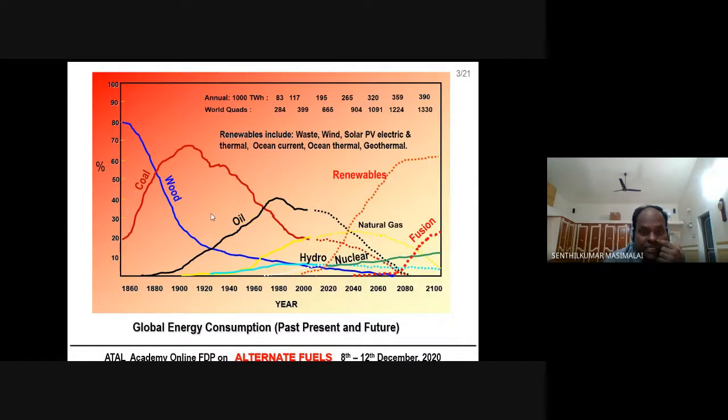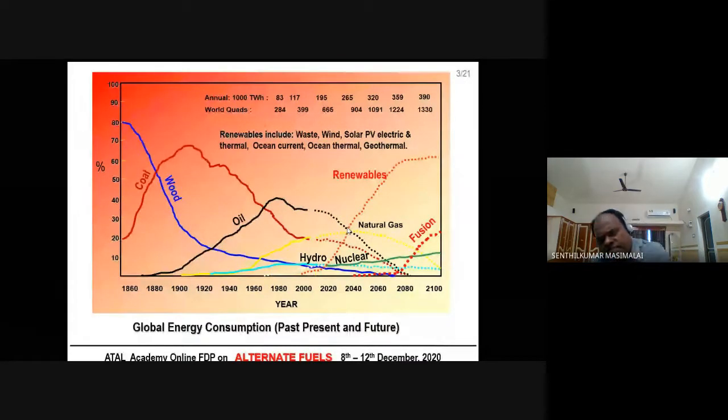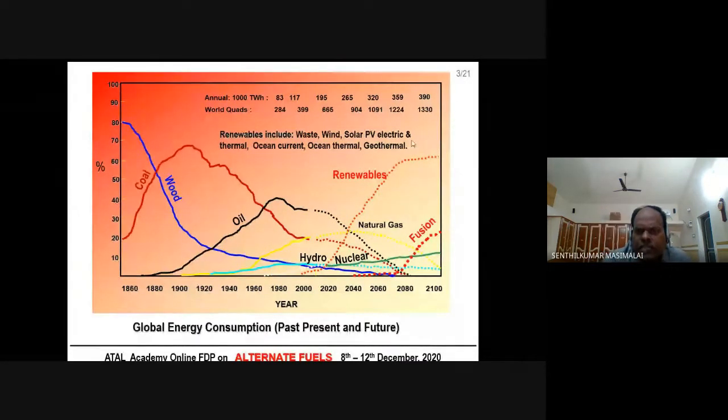In another 20 years, the energy demand of the world will definitely be twice or thrice the energy demand of today. At the same time, fossil fuel resources will not be available on the earth. So it is expected that in the future, only renewable fuels will dominate.